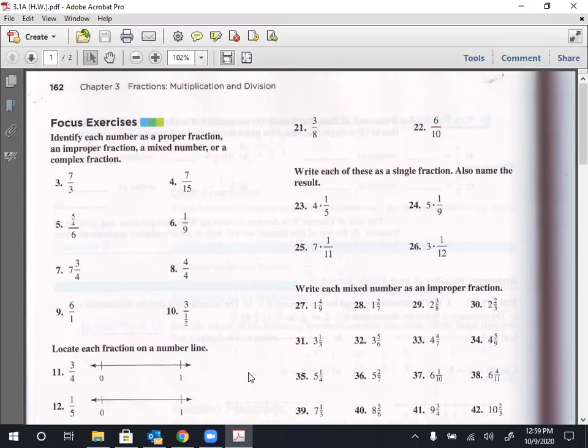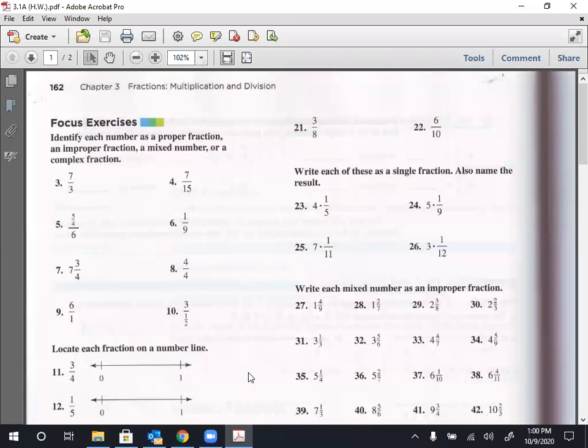So let me see. Can you pause the recording for a second while you do that? So, write 3/8 as the multiplication of a whole number and a unit fraction.